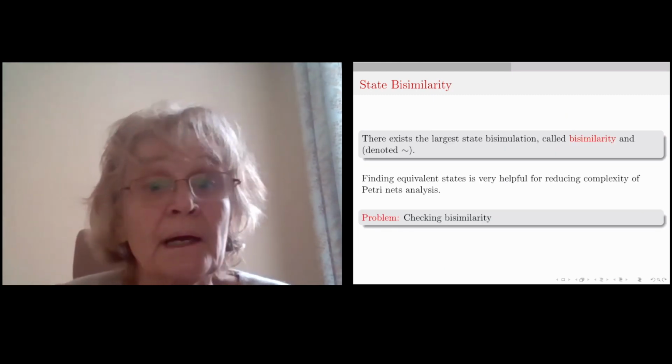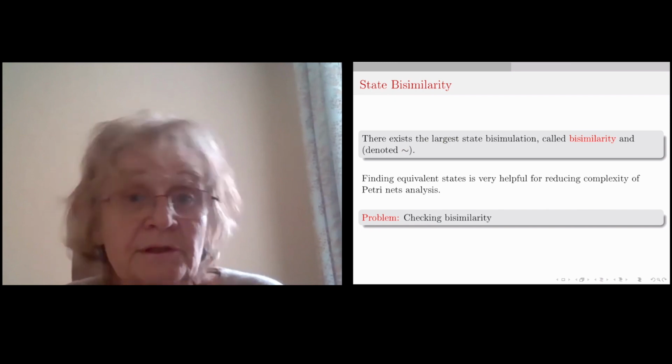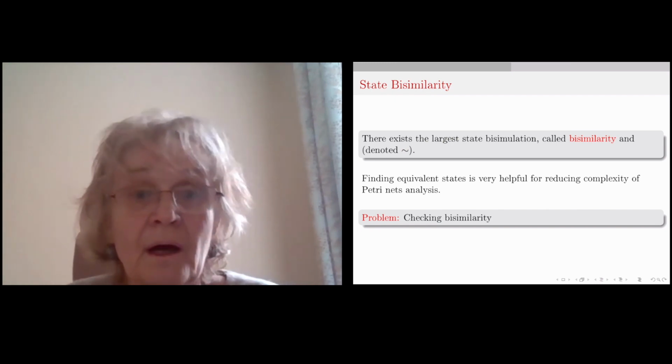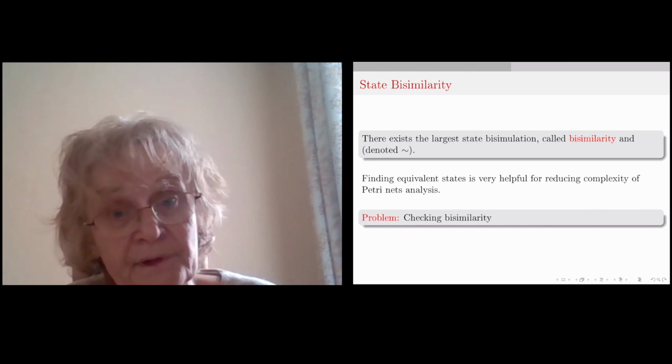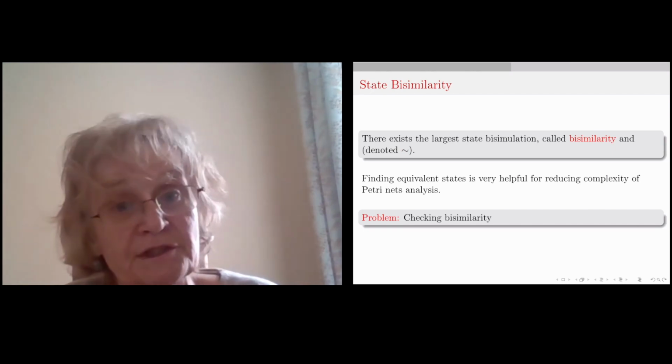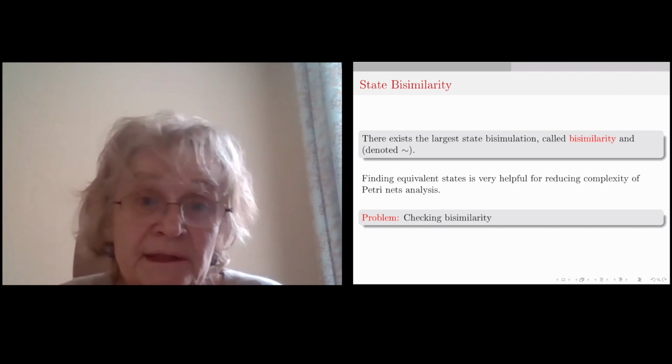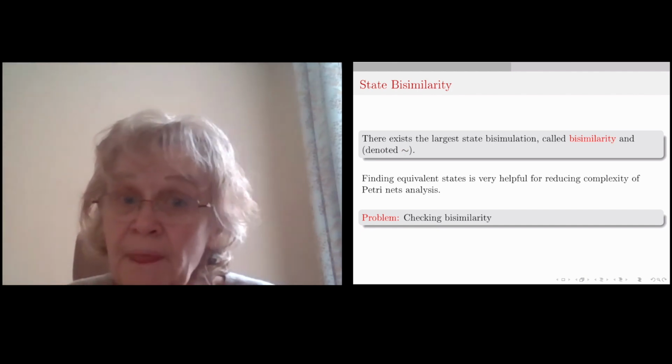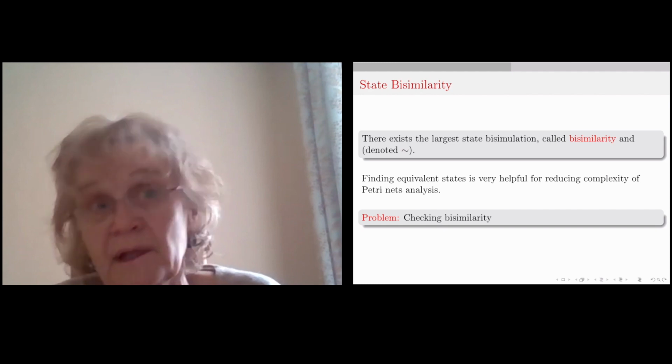So if a relation which relates states has this transfer property in both directions, it is called a bisimulation. And such relations have many nice properties.